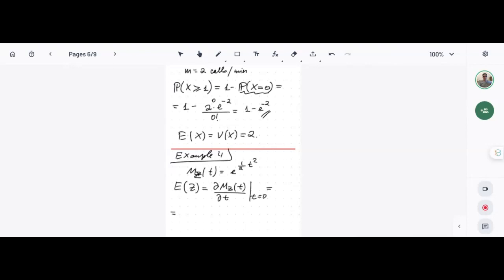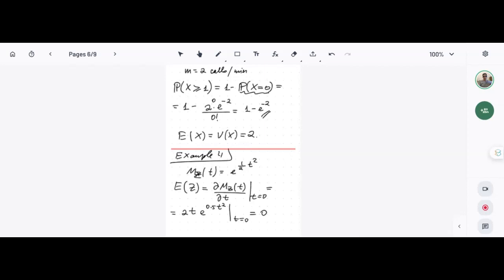the derivative with respect to t is going to be equal to what? It's going to be t times e to the power 0.5 t squared, and then set t equal to 0. That is going to give you exactly 0, right?